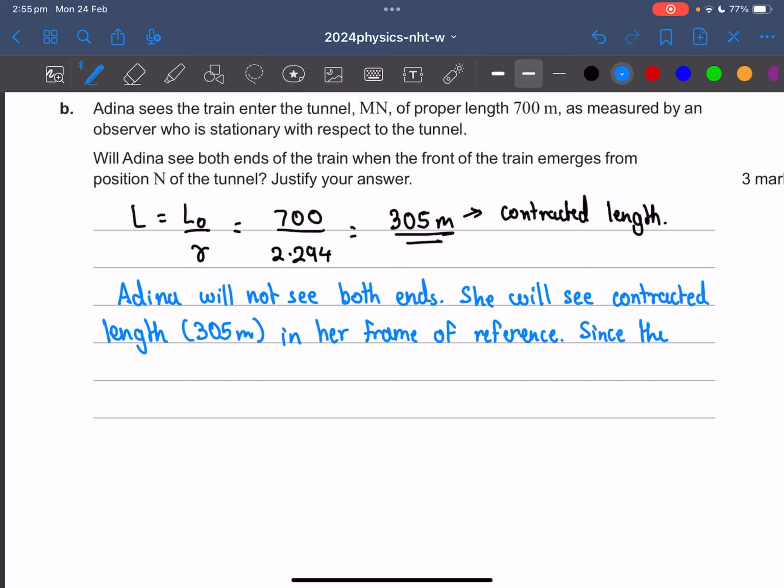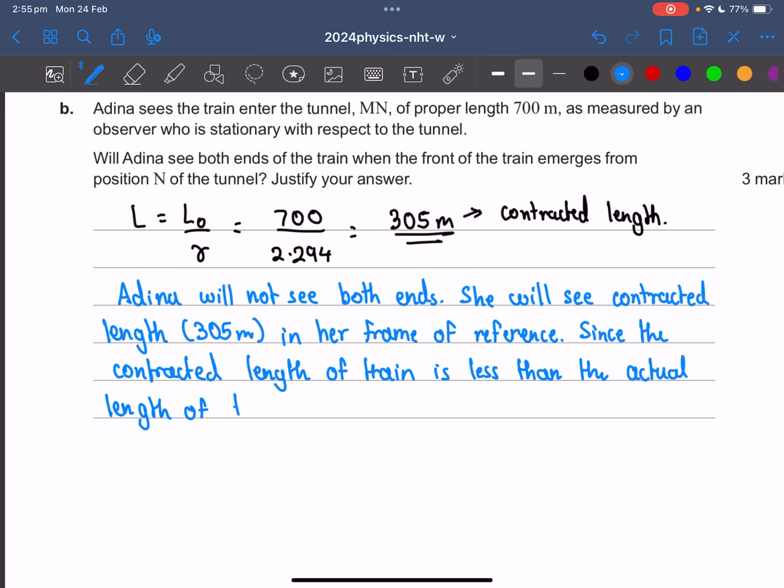Since the contracted length of the train is less than the actual length of the tunnel, 700 meters, Adina will not see both ends of the train. Okay?